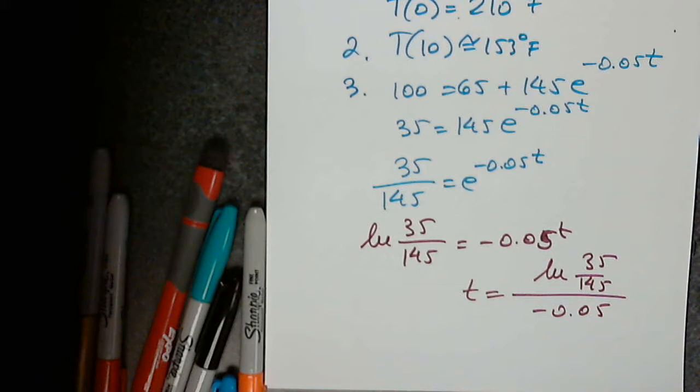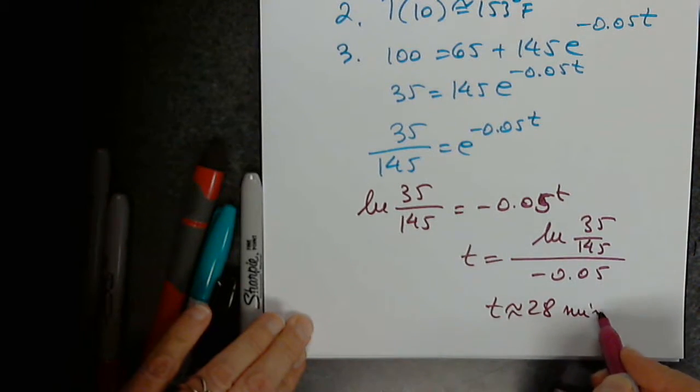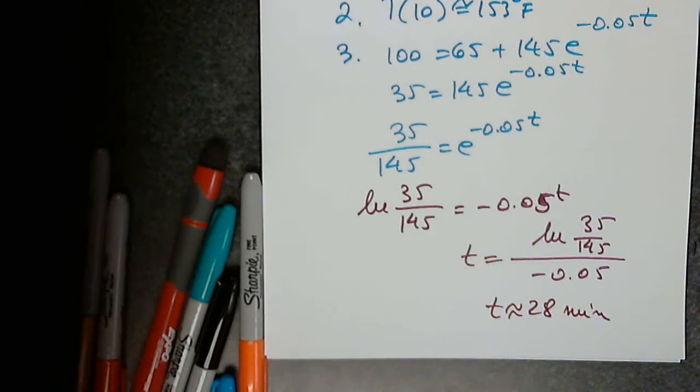So natural log of 35 divided by 145, close the parenthesis, and divide in parentheses by negative 0.05 and close. So in about 28 minutes, the temperature will drop from 210 to 100.